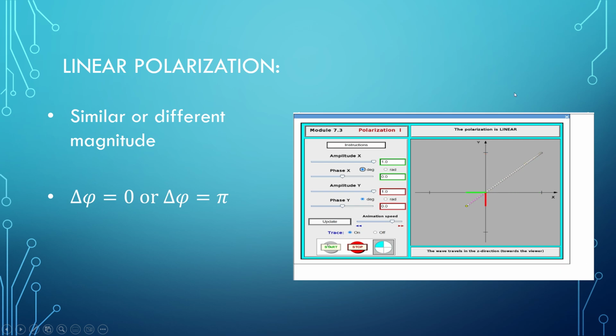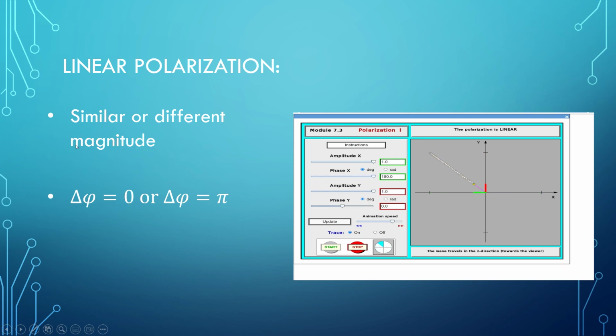Here in this simulation, you can see clearly that when we have a 0 degree phase difference between Y and X, the polarization, which is represented by this vector here, is linear. There is no circulation or any of the other types. And when we have 180 degrees, or pi radians, the same thing applies, but in a different direction.